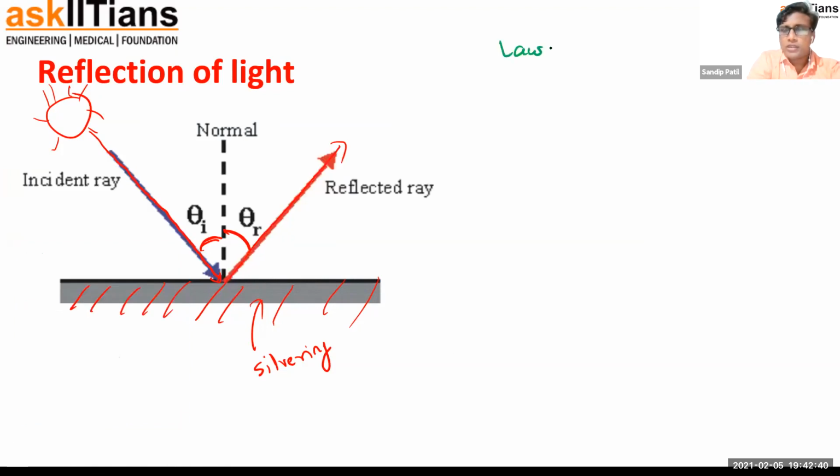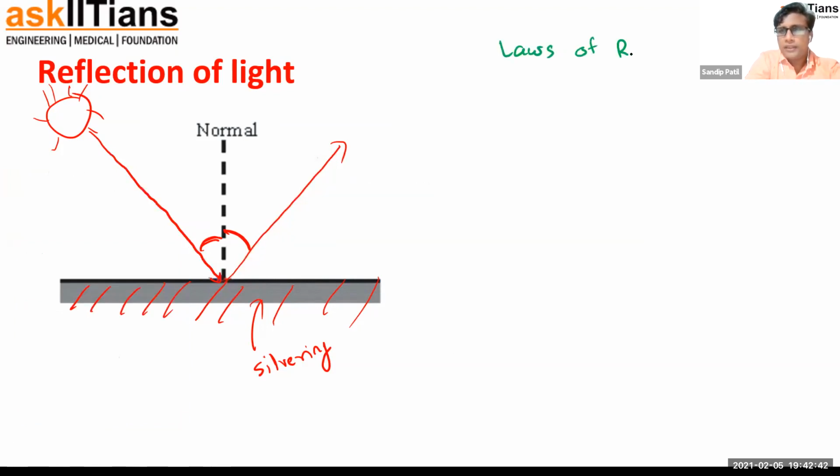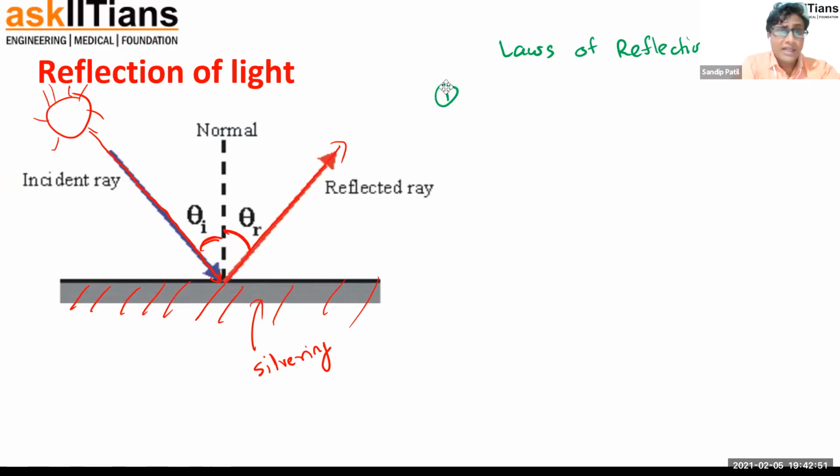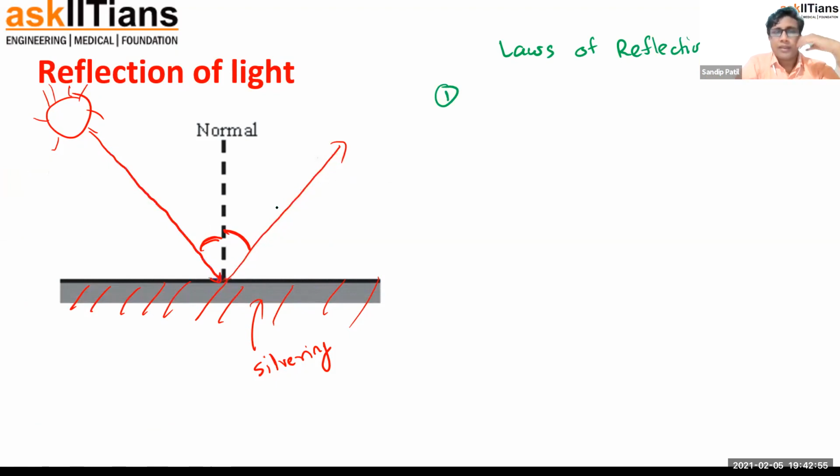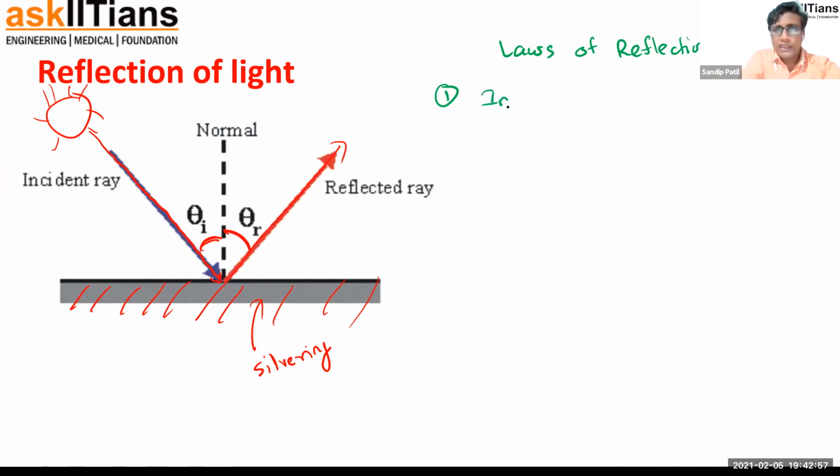So let's say the laws of reflection. First law: there are three things here. One is the incident ray, second is the reflected ray, and third is the normal. So let me write those. Incident ray, reflected ray, and normal.